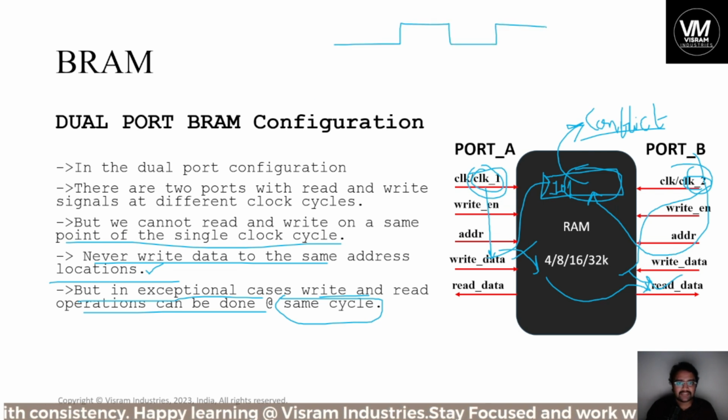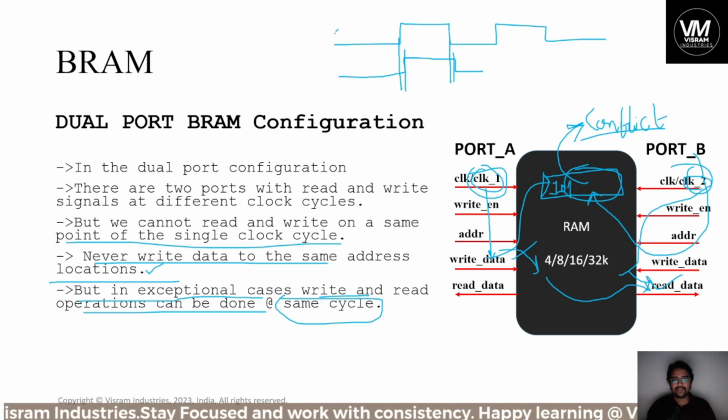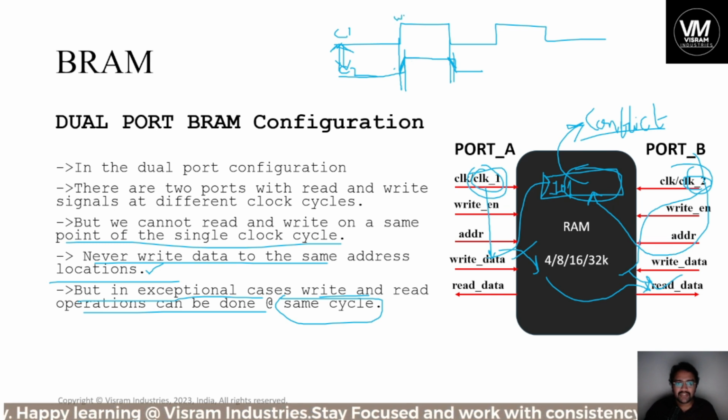If one clock cycle has this and another clock cycle has a slight delay, remember, some slight delay in the transition. So if it is C1 and C2, at the same particular clock cycle, both at the same frequency, same clock time period, but with some rise delay and fall delay, at the first moment you can write and at the second moment you can read.